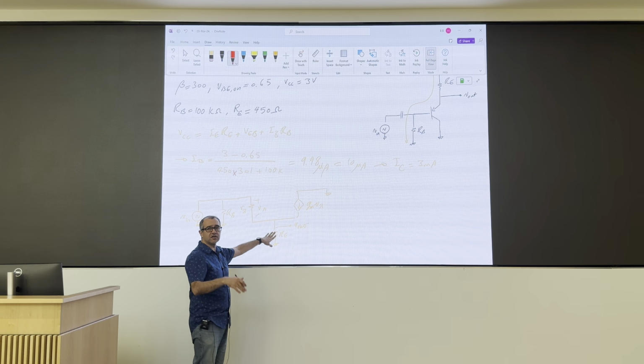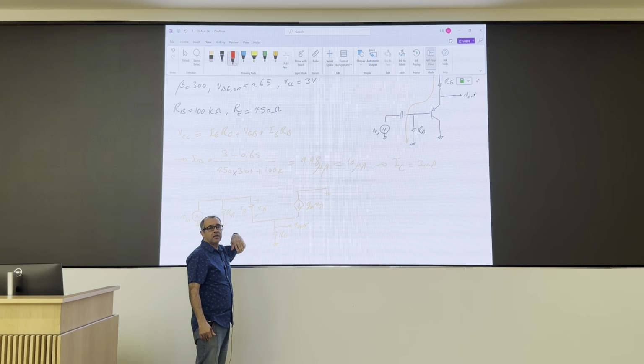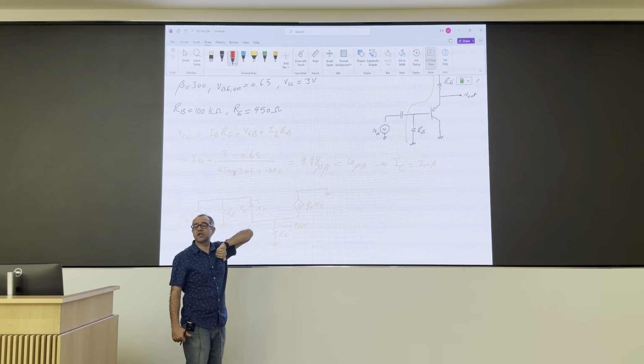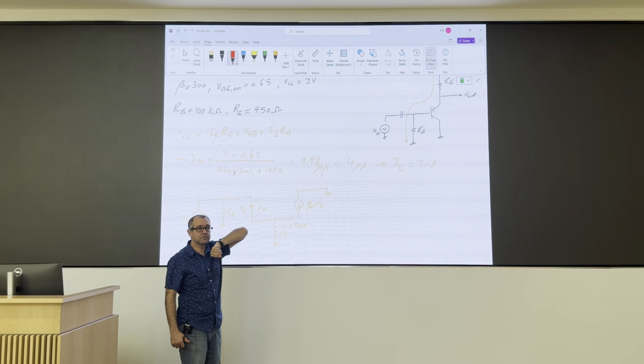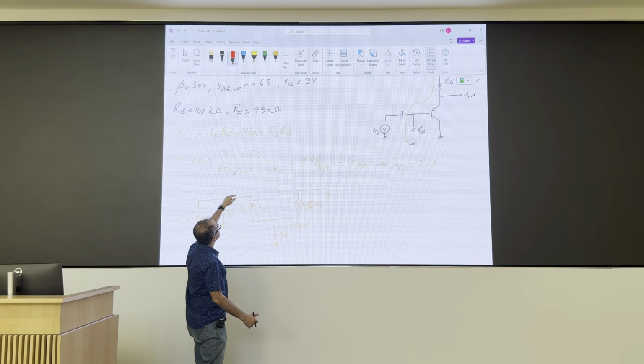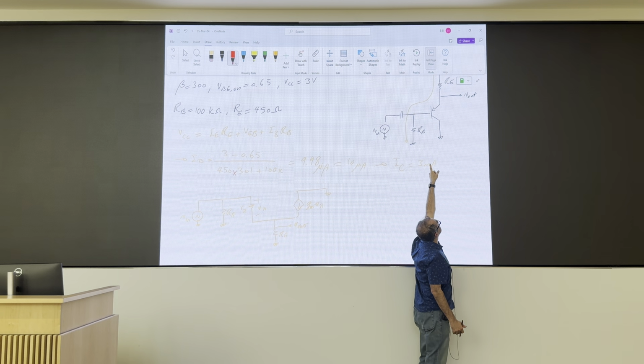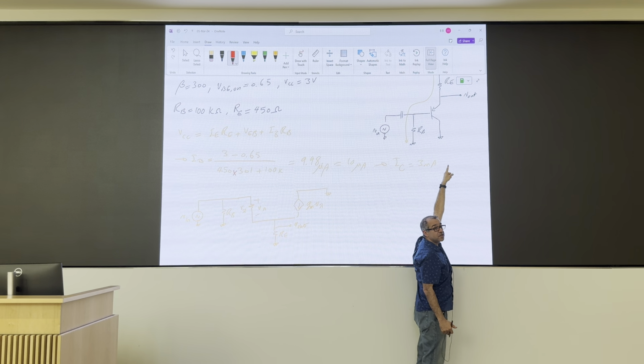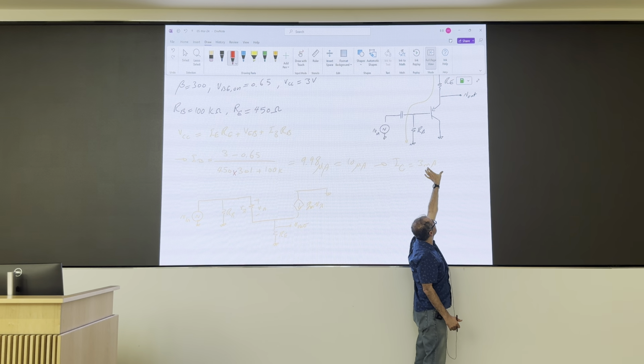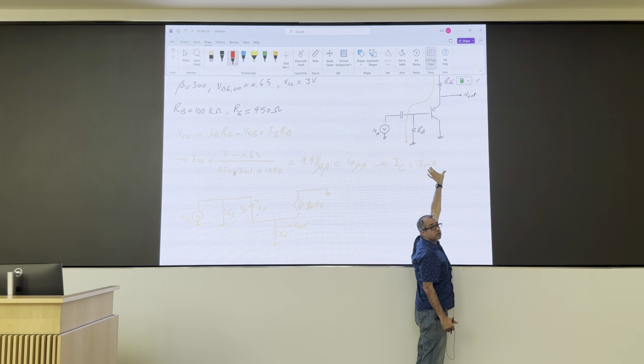I can go and find the output the way we did it before and solve, or I can use my formulas, because I can reduce this to a common collector stage. From base to emitter, if I look in between these two nodes, that's my common collector stage. I know the gain for it, I know the input resistance, I know everything.